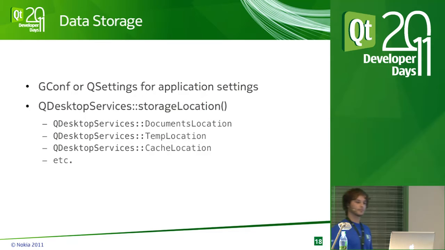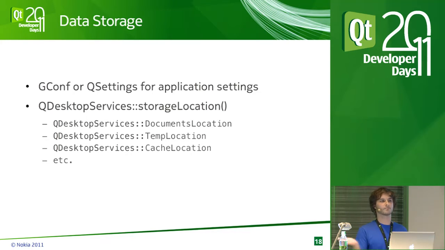Another thing: I told you about the importance of putting files in the right place. There's a class called QDesktopServices, in the Qt Mobility packages, and it has a function called storageLocation. You can provide an argument, like you can see here, like documents location, temp location, cache location.